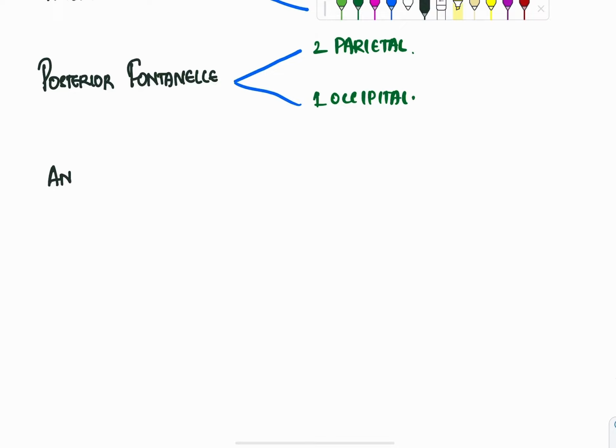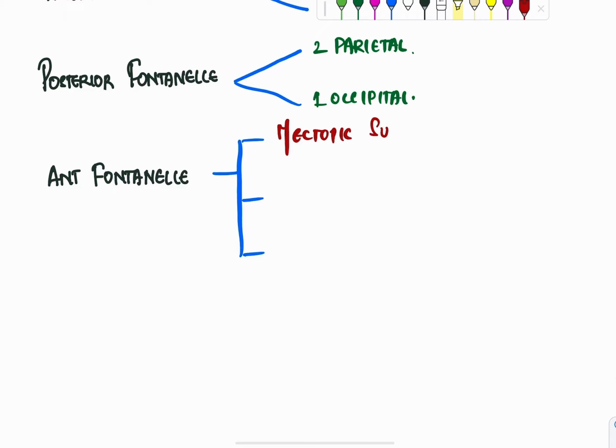So here anterior fontanelle is formed by three important sutures. Okay, three important sutures. What are those three important sutures? One is called as metopic suture. Another one is called as coronal suture. Metopic suture, coronal suture, and the next one is called as sagittal suture.